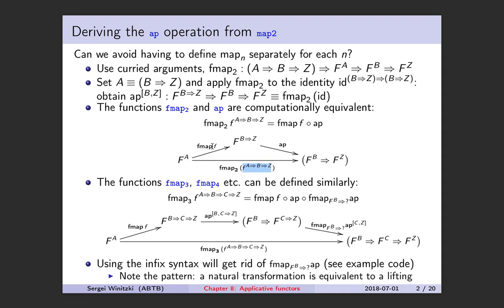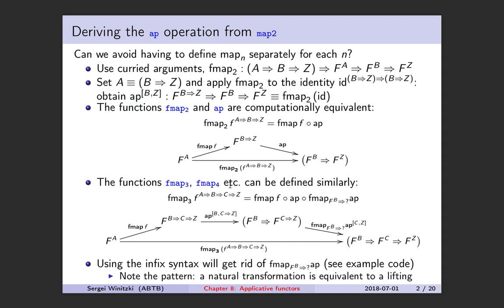So if we take f to be identity, then this arrow is just identity arrow. So these are the same. And therefore app is the same as fmap2 of identity. So this diagram shows you at once the two equations, expressing fmap2 through app and expressing app through fmap2.